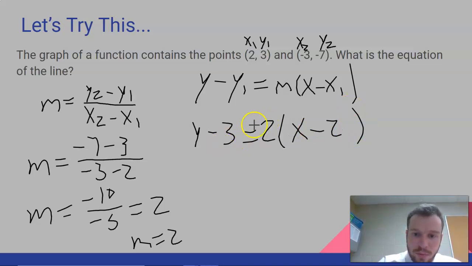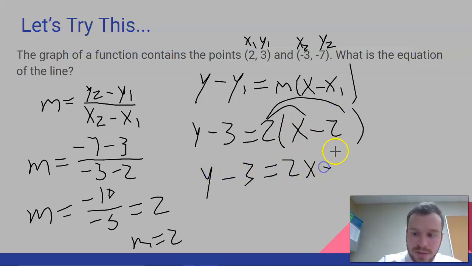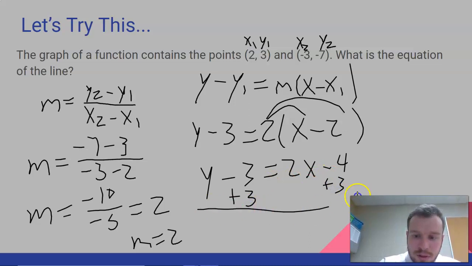So I'm going to distribute this 2, and we'll get y minus 3 equals 2x minus 4. And then again, I want to isolate y, so add 3, and we get y equals 2x minus 1.